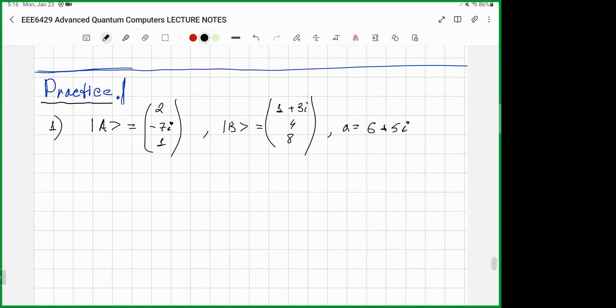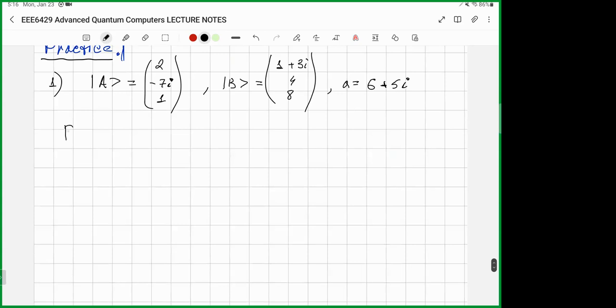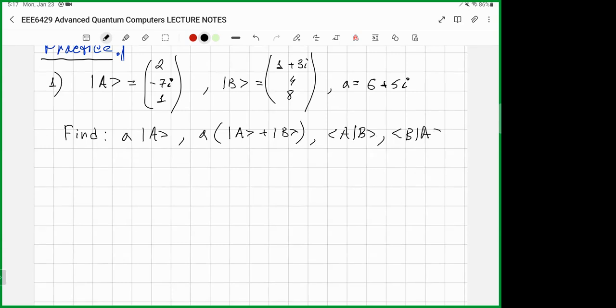The problem is to find the product of the scalar and vector A, the product of the scalar and the sum of vectors A plus B, then the inner product of A and B, the inner product of B and A, and check if these inner products are equal or not.